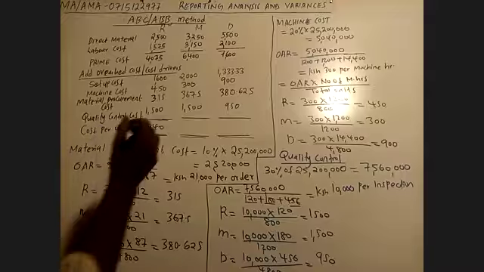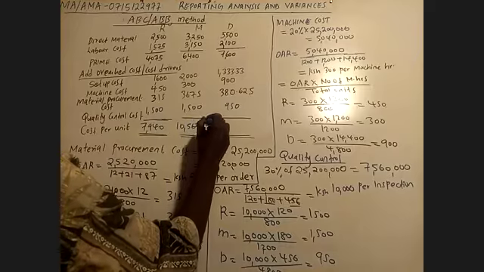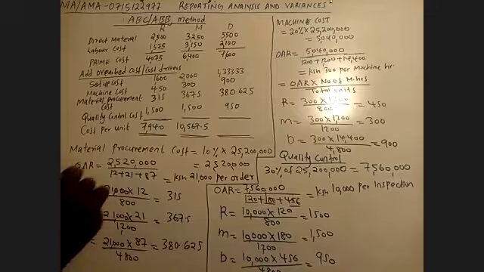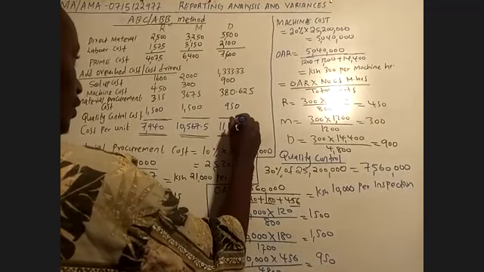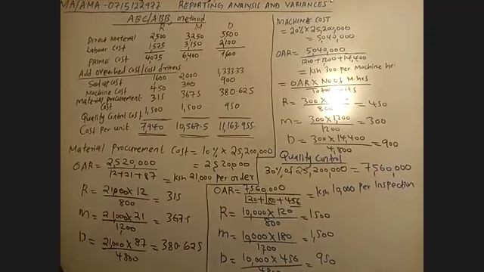Then 10,567.5. The last one is 13,333.33, 900, 38.625, plus 950, which is 11,163.955. So that is the end of that one.